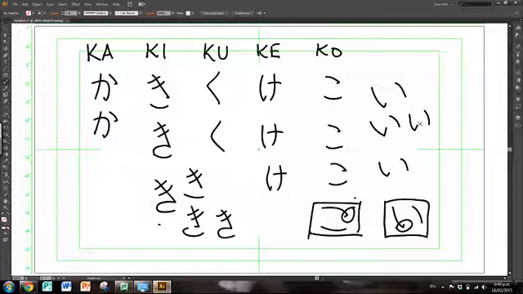So you imagine that that's a brush dragging up to the next stroke. So you know that this was the first stroke, so it's going to be on the left there. And with ko, again, there's going to be that little flick on that first stroke as you move to the second stroke. So ko, 1, 2. If you were to join them up, it would sort of look something like that, wouldn't it?